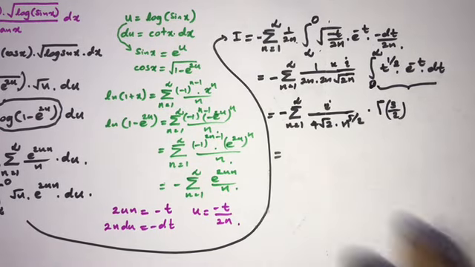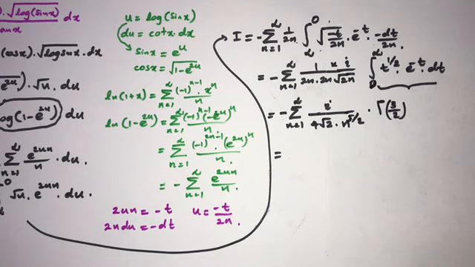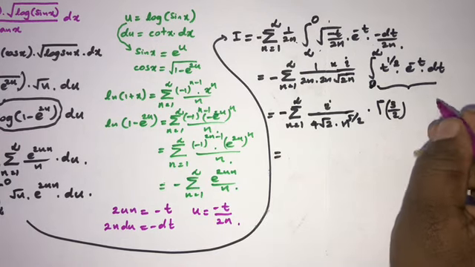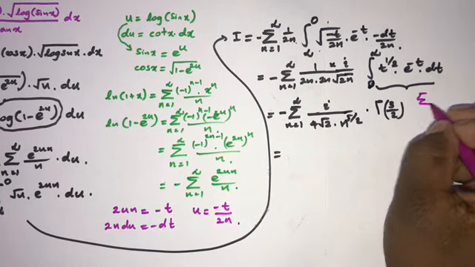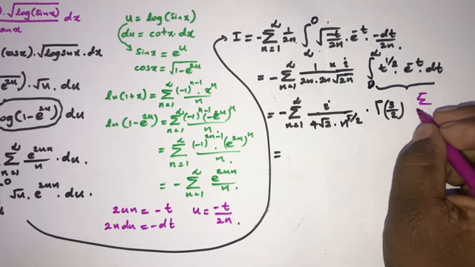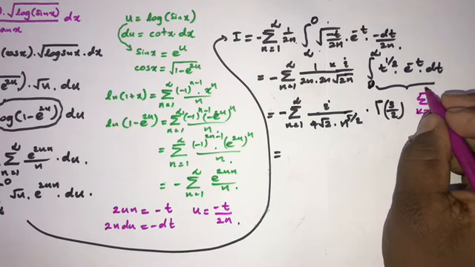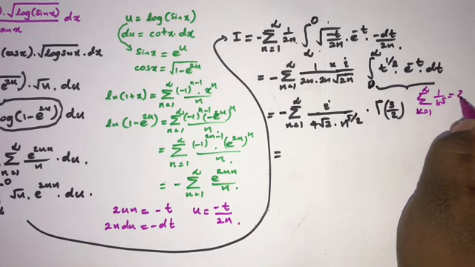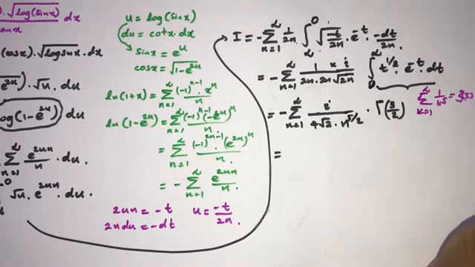Now we know the zeta function, so I'm going to write that the sum from 1 to infinity of 1 over k to the s is equal to zeta of s.